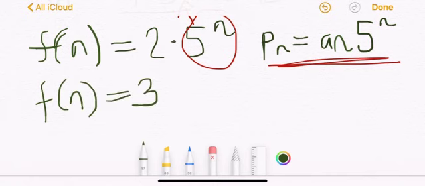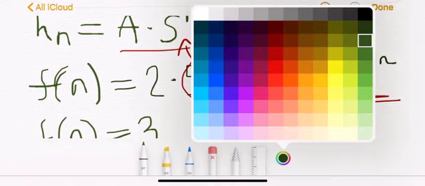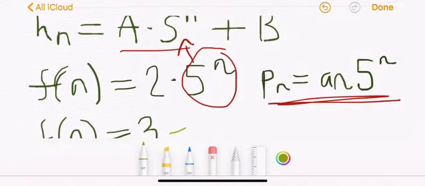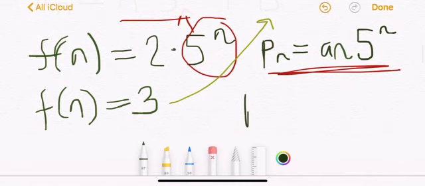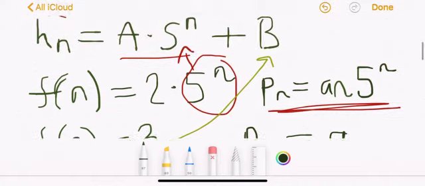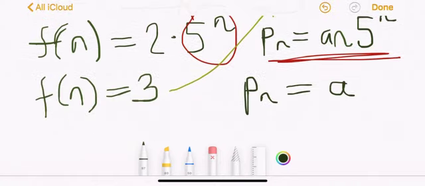Well, 3 is a constant, and we can see that h of n also has a constant term b. So we can't just use what our table tells us and consider some constant a, because that's already been included in this b here. We need to multiply this a by an n.